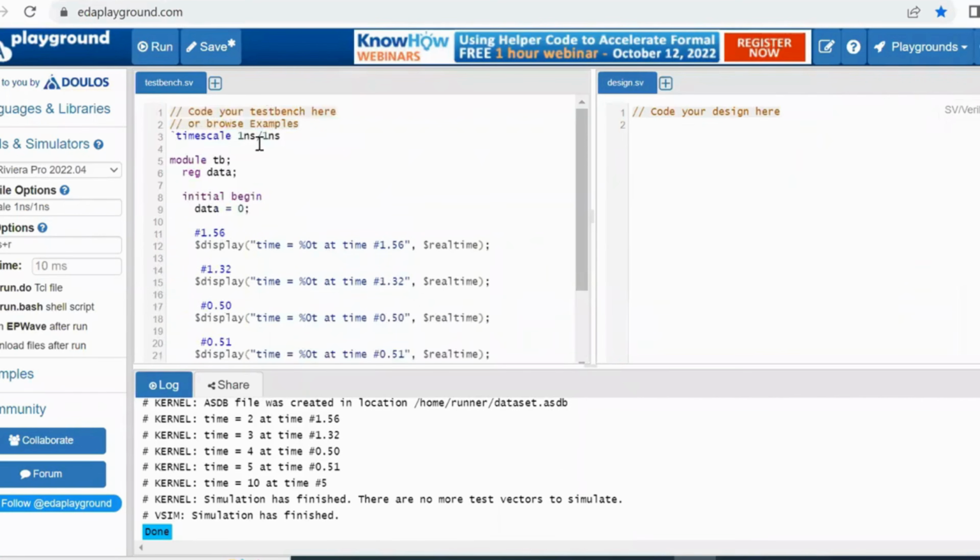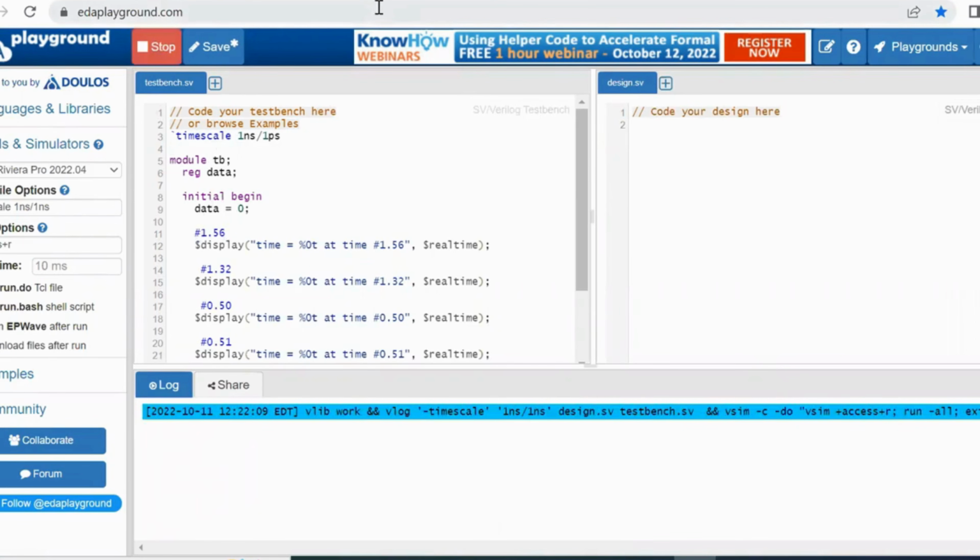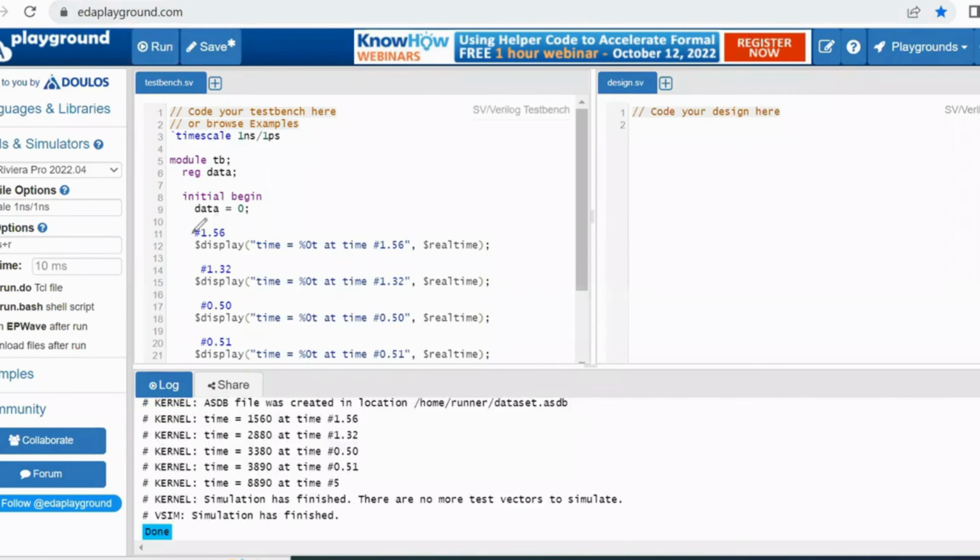Like that, if we consider 1 nanosecond by 1 picosecond, 1 nano by 1 pico is around 1000, right? So the same 1000 will be multiplied with the delays. If you see here, 1000 into 1.56 is 1560, so at 1560 this statement will be executed.